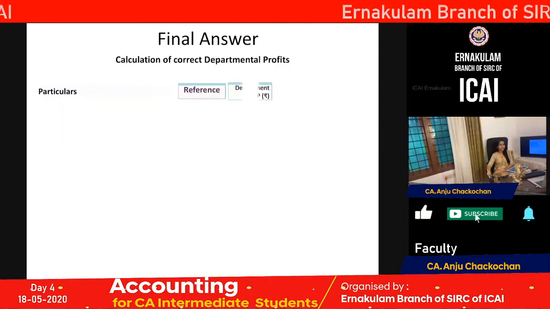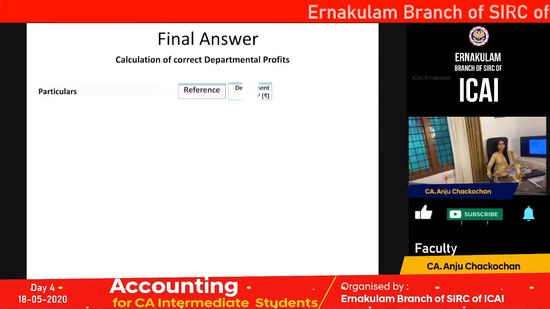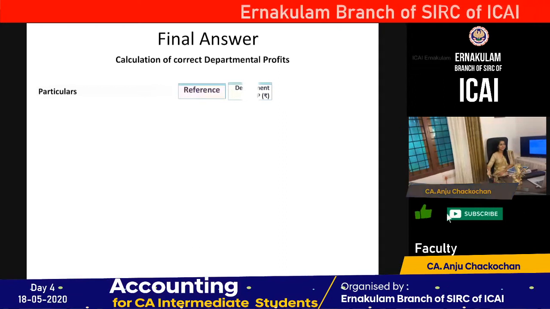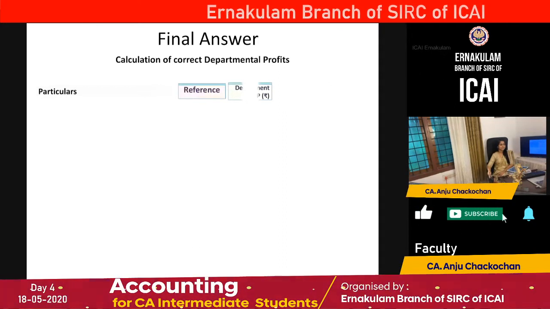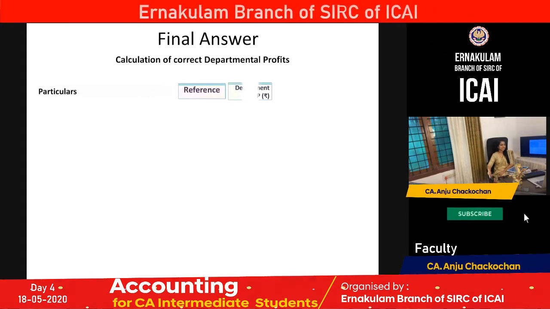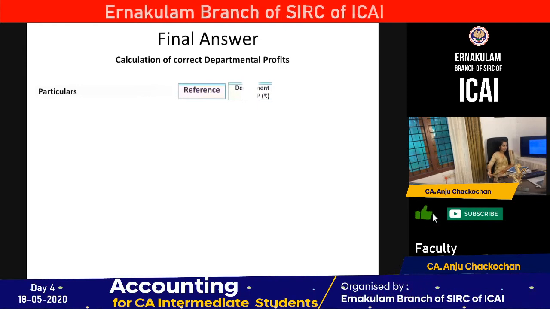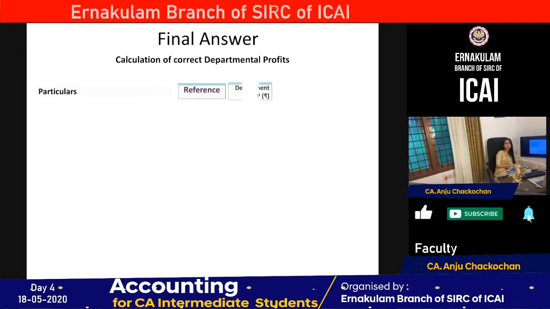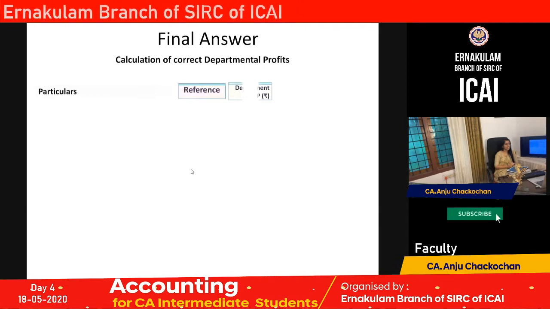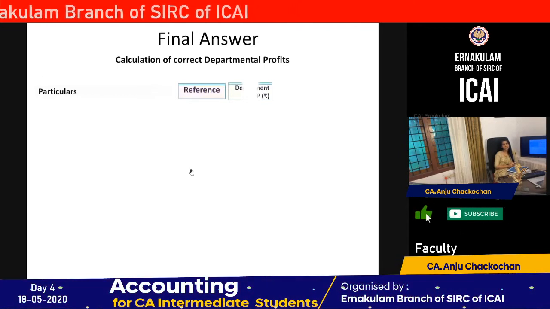Okay, come up with the final corrected profits. Just plus minus steps, nothing more. Very easy to crack. Everyone come up with the final answers.